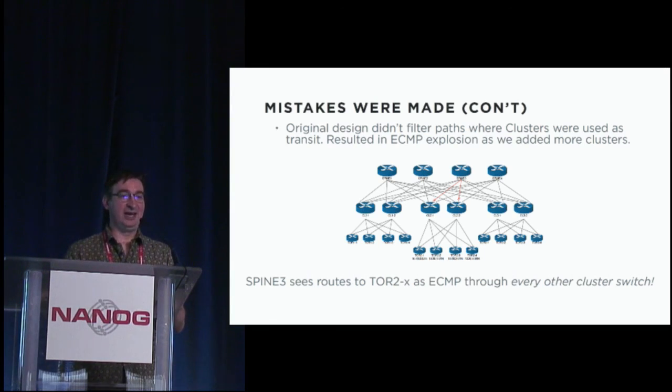This resulted in a minor incident just due to the FIB scale going a lot wider than we ever expected. That required us to add some additional filtering to make sure that no cluster would advertise up a route that was not local to that cluster.